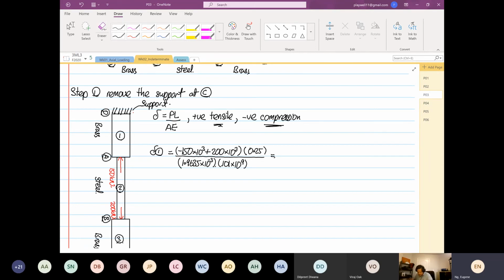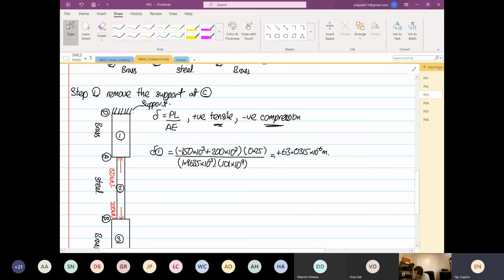So it's equal to positive 63.0315 times 10 to the power minus 6 meters.